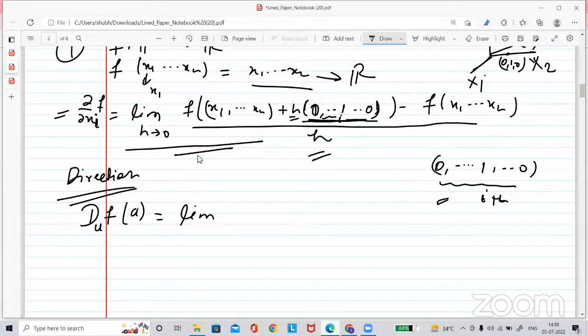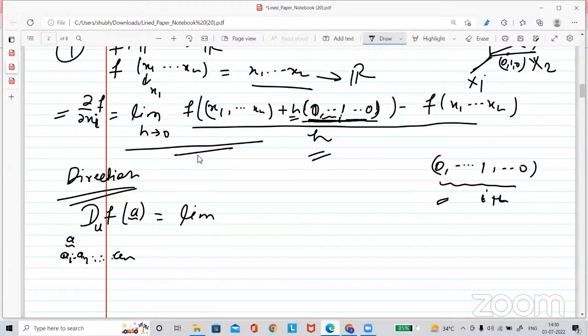If we assume a contains many coordinates, it is going to be a1, a2, up to an. In the video lecture you have seen the sir writing it as a tilde.